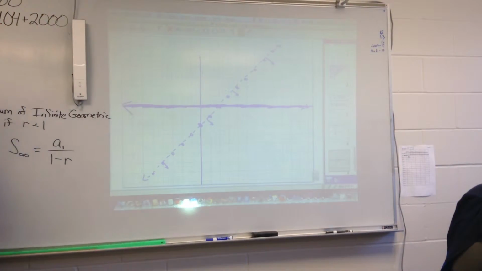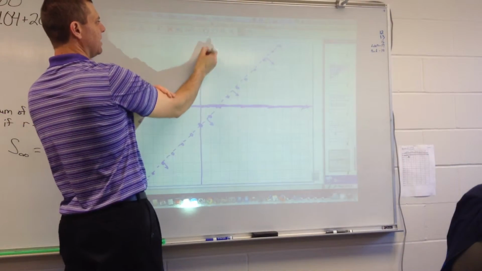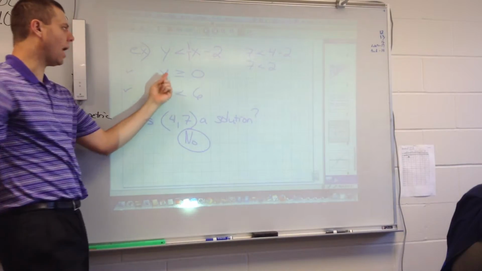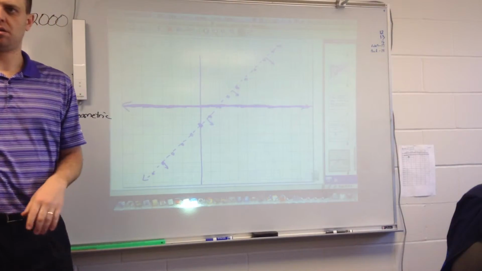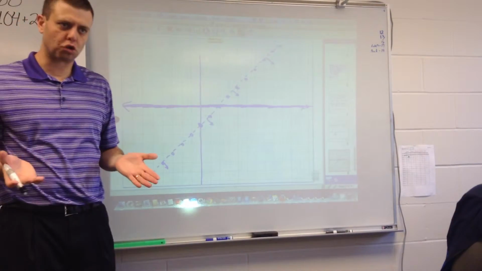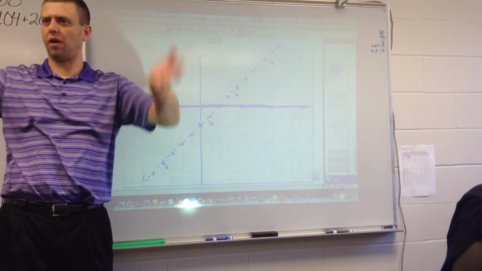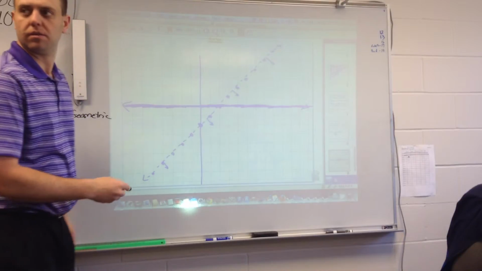And which way of that line will we have to lightly shade? I'm just talking about that line itself right now. Y is greater than or equal to 0. To the top, because where are the Y values greater than 0? Above it, right? And it has to satisfy that top one.